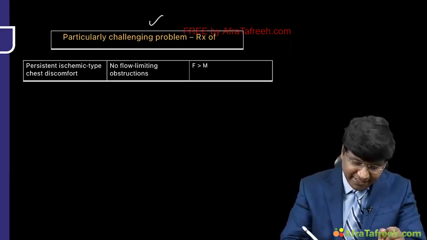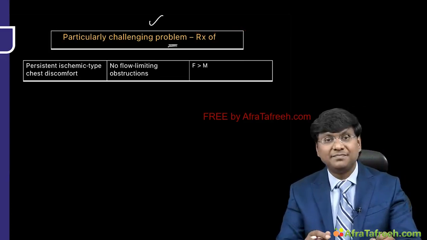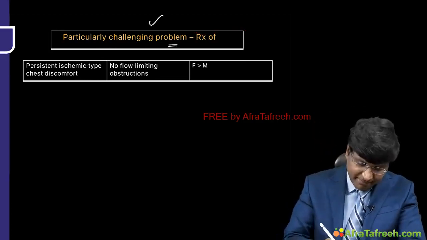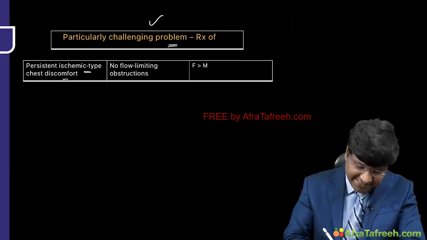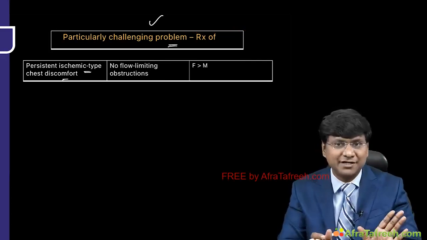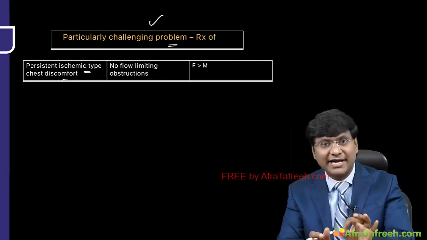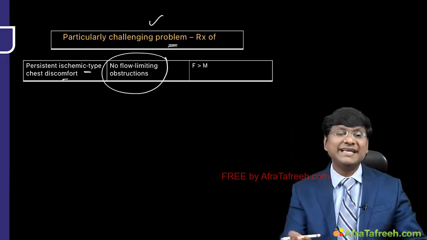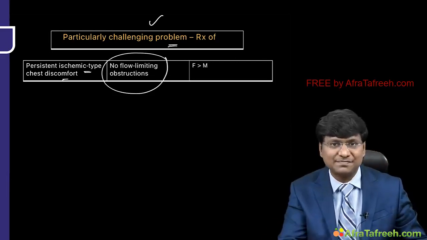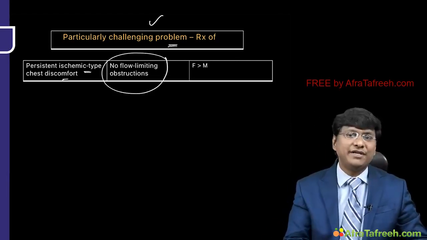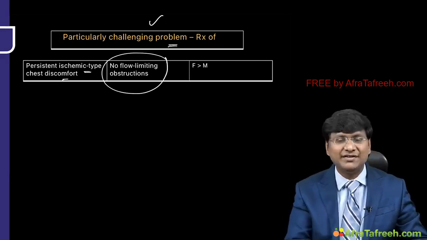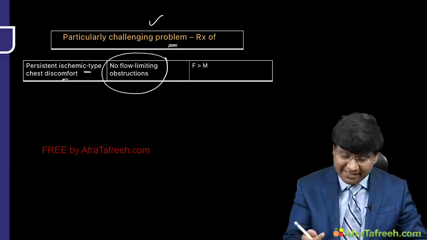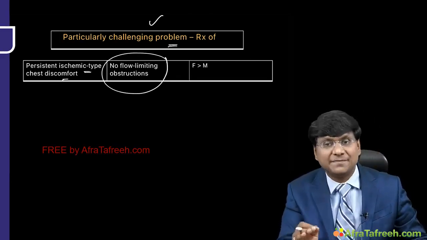Now, a particularly challenging problem in the evaluation and treatment is that the patient is having ischemic type of chest discomfort, but when you do a coronary angiogram, there is no flow limitation in the epicardial coronary arteries. In this group of individuals, it is challenging for the treatment because there is an ischemic type of chest pain, but there is no flow limitation or obstruction.